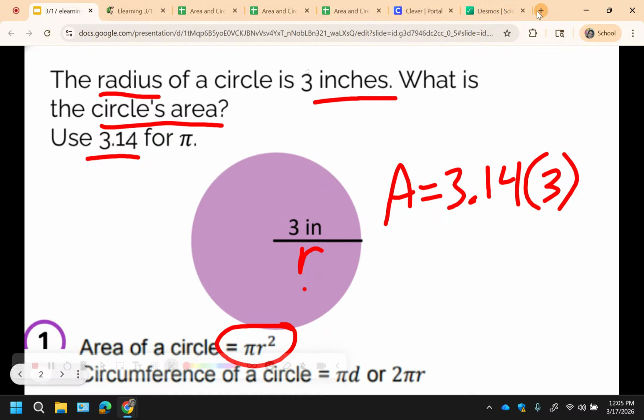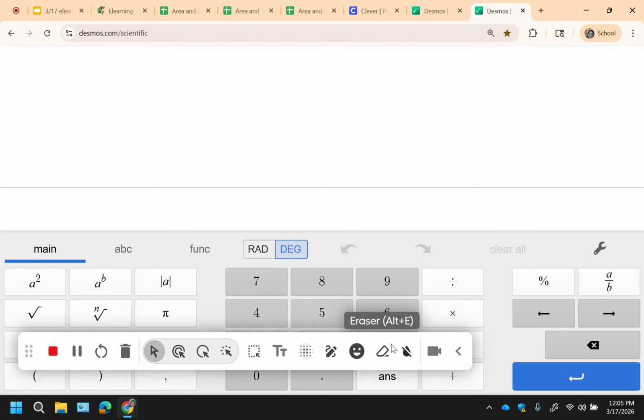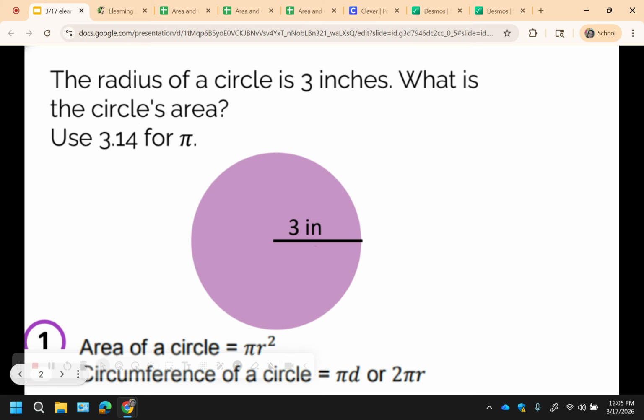So this is where you can use your Desmos calculator. And I put in 3.14 times 3. Oh, we forgot something. It erased everything. Okay, so we said area is 3.14.